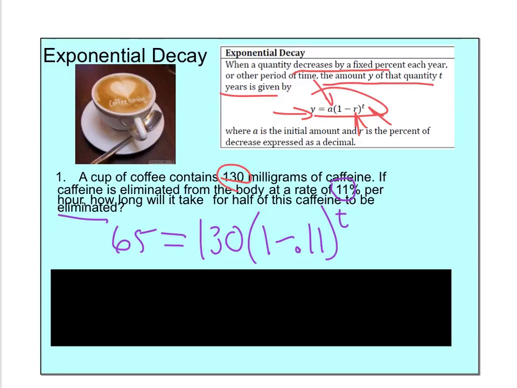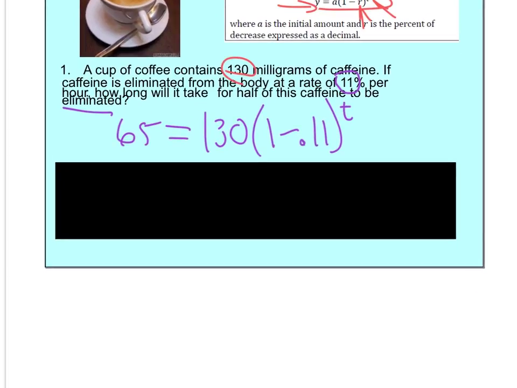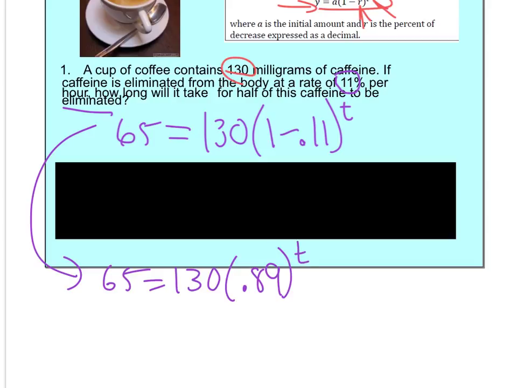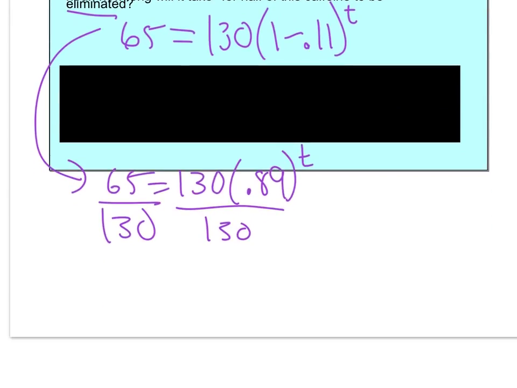All right, so now it becomes a function where I'm probably trying to use a log. So I get 65 equals 130 times 1 minus 0.11, which is 0.89, raised to the power of t. So what I'm going to do is divide this by 130. So that's going to be 1/2 equals 0.89 to the t.